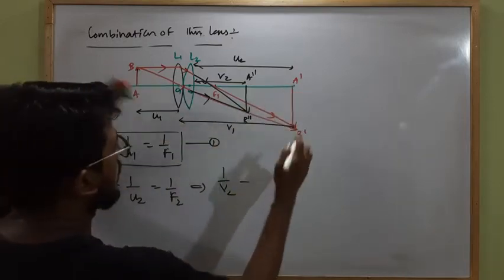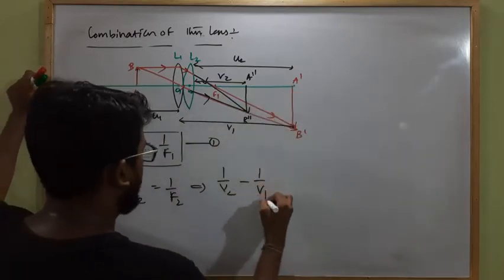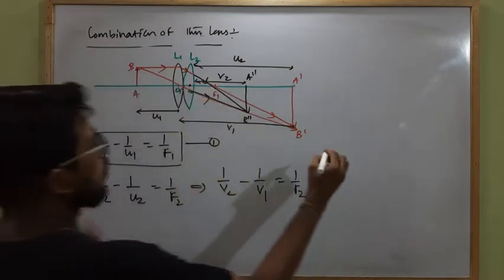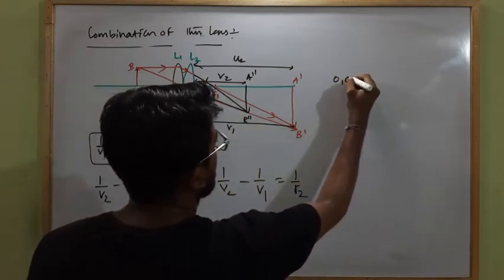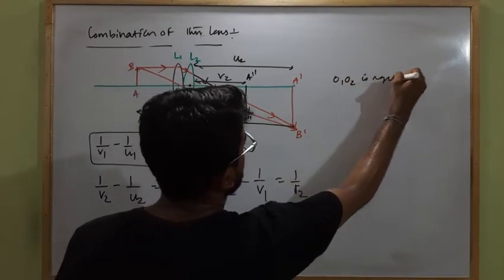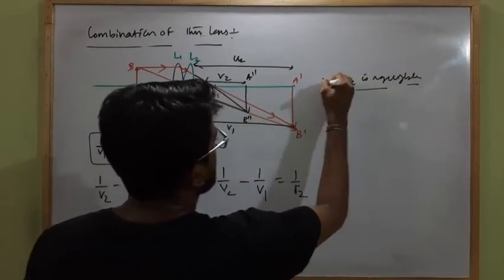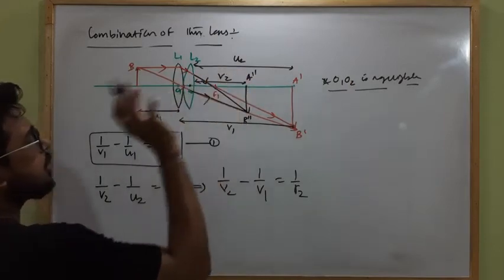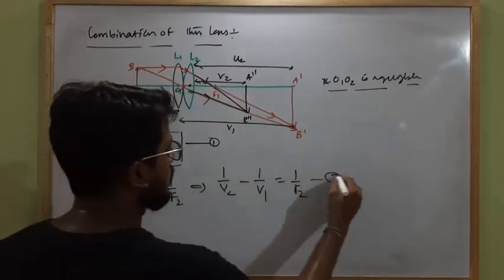U2 is the same as that of V1, so 1 by V2 minus 1 by V1 equal to 1 by F2, because the distance O1, O2 is negligible. That's why the distance from O2 to this and O1 to this will be the same. Let this be equation 2.